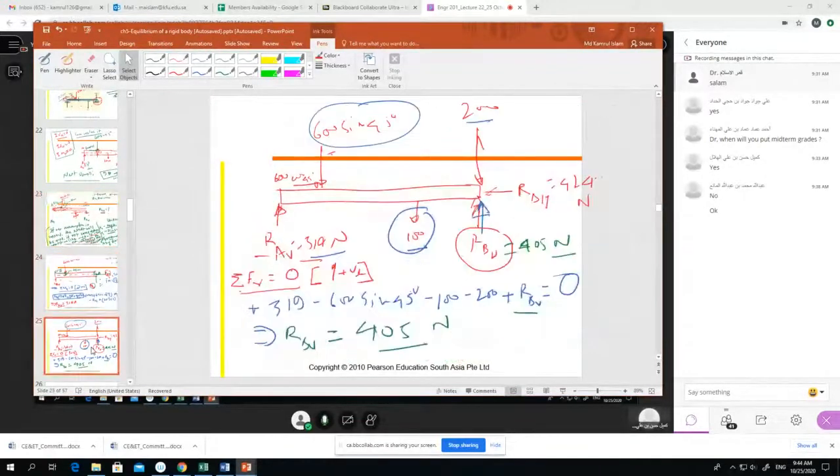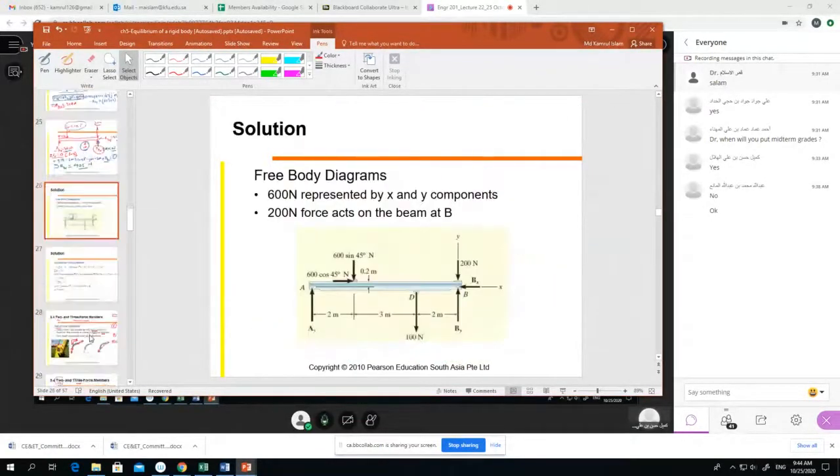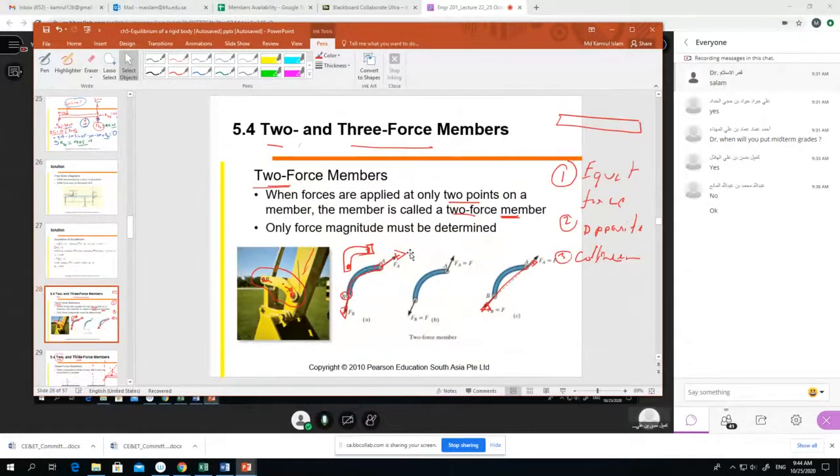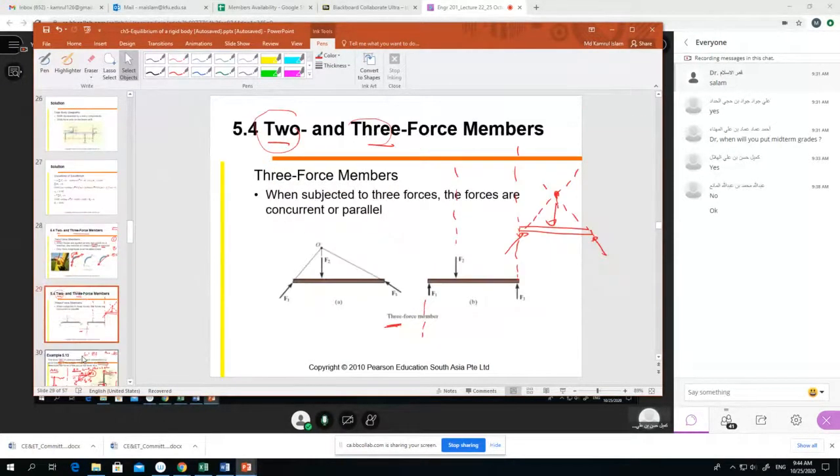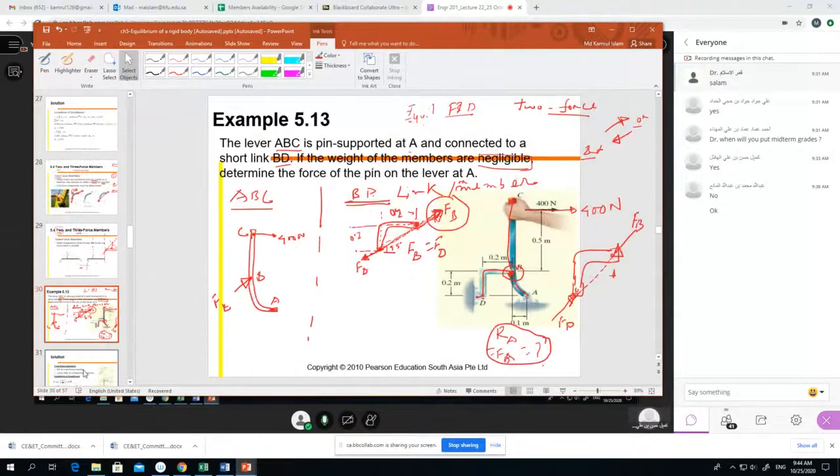We learned that in yesterday's example. So here we assume it is upward. If we assume the force is working in the upward direction, then this will be the downward direction.